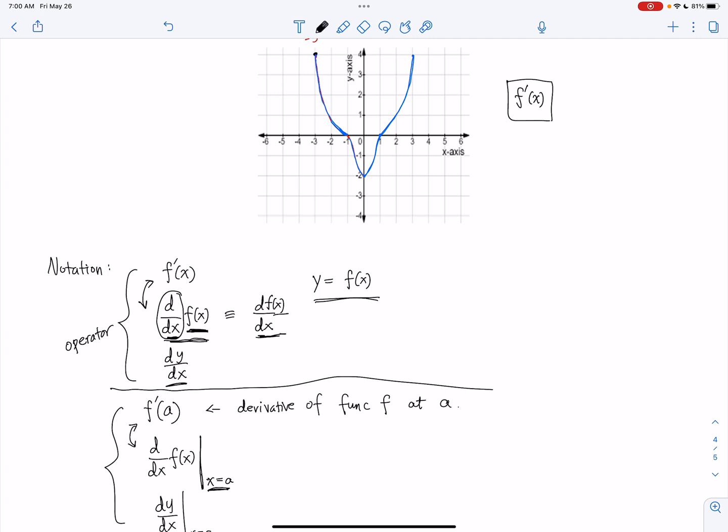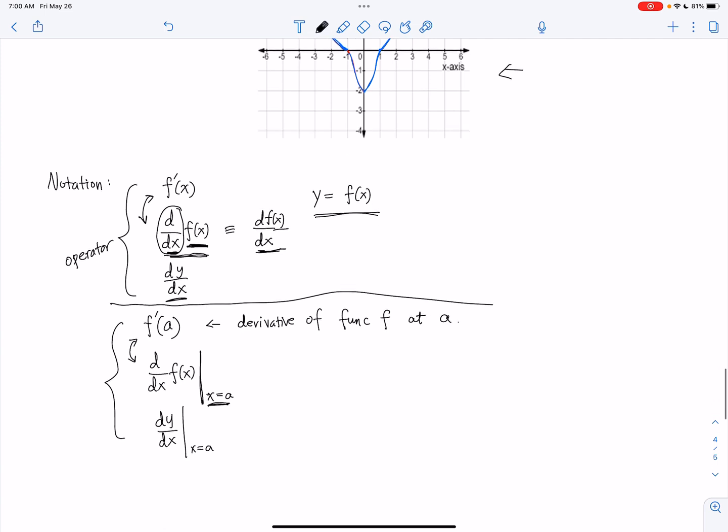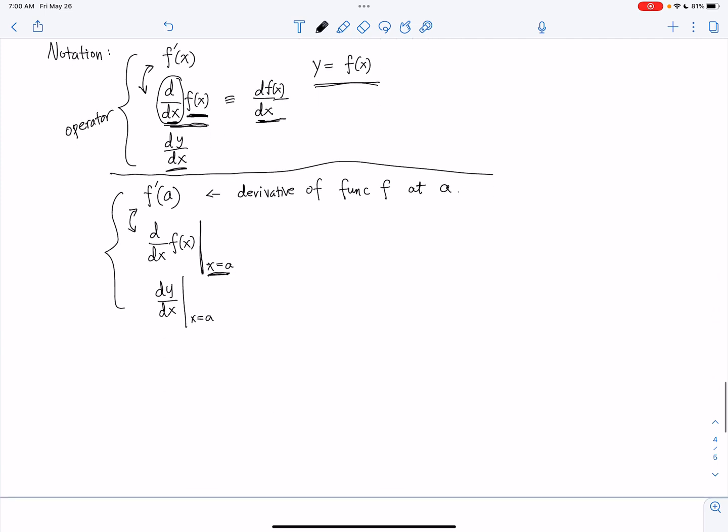If you treat this function as some function and ask what is the derivative of that function, basically you are taking the derivative of the derivative. Sometimes we do that, and that's what we call the second order derivative.